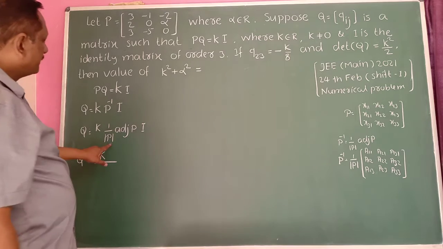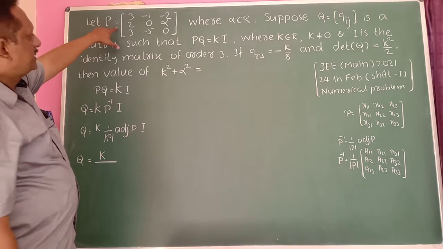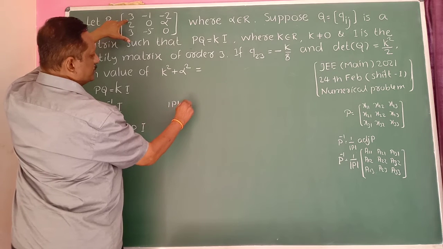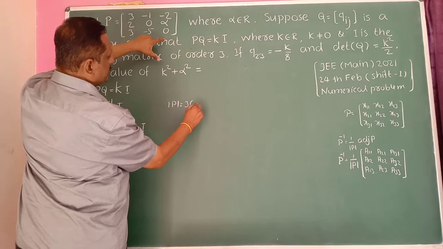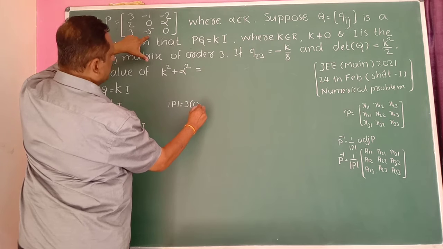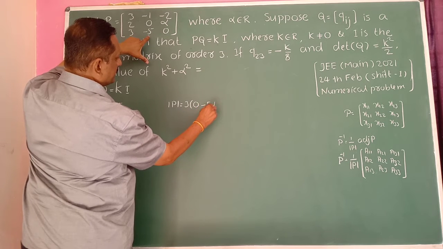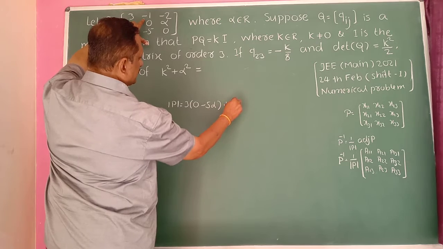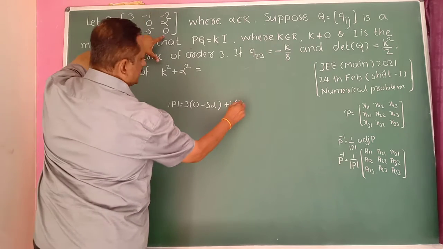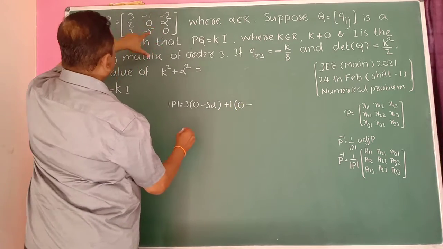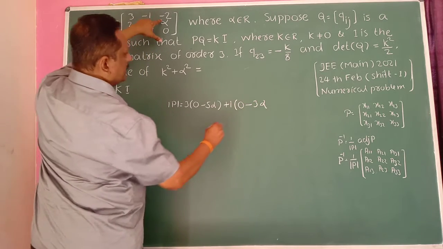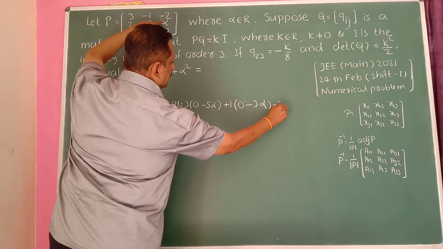Then the determinant of P here. So expand this. The determinant of P becomes 3 into 0 into 0 becomes 0, then the minus of 5 alpha here. Then the minus of minus becomes plus 1 here. 2 into 0 becomes 0 minus alpha. Alpha into 3 becomes 3 alpha. Then the minus of 2 here.